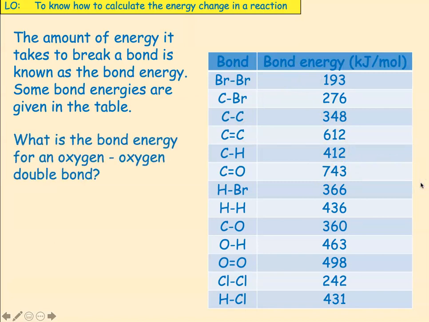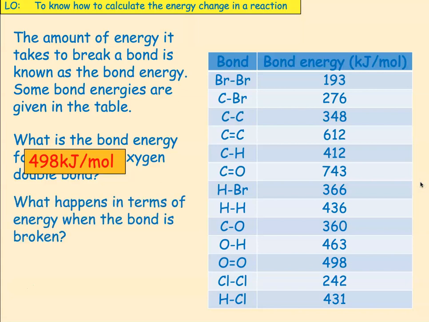Okay, so what is the bond energy for an oxygen to oxygen double bond? Give you a couple of seconds to look it up. Yes, it's 498 kilojoules per mole. What happens in terms of energy when the bond is broken?